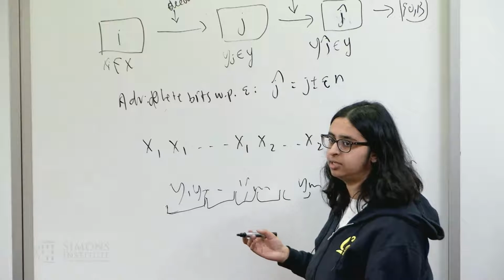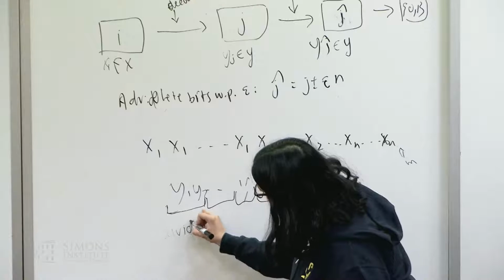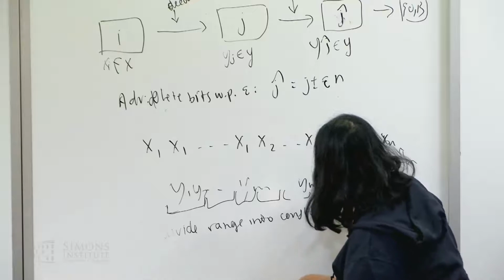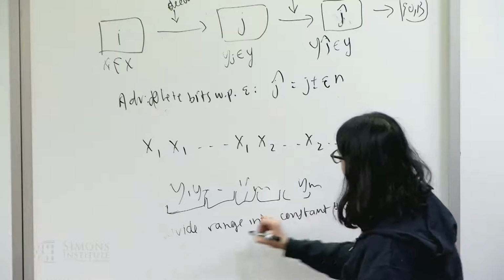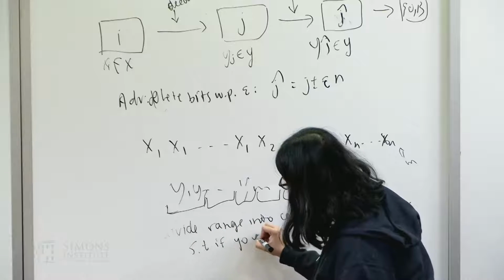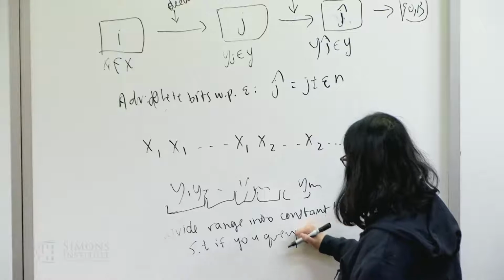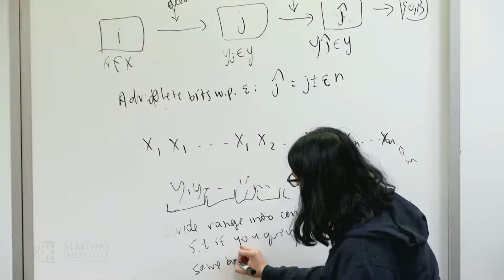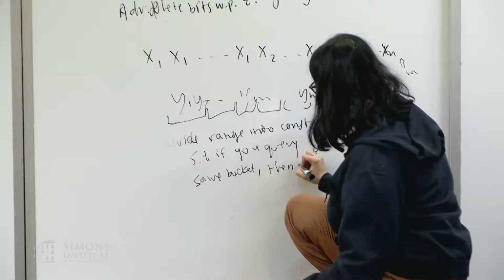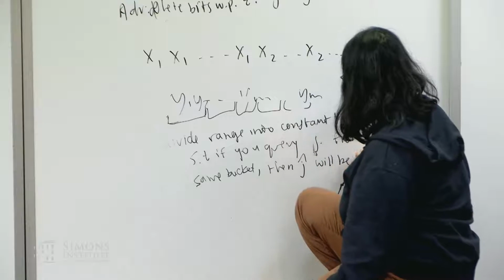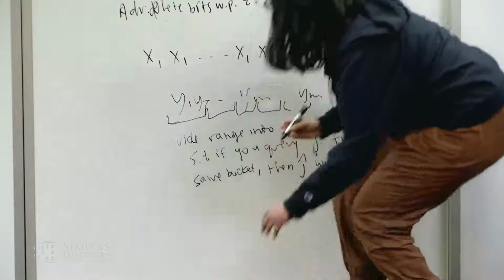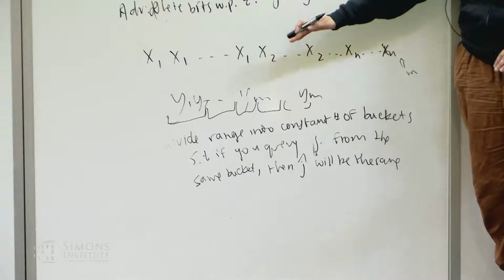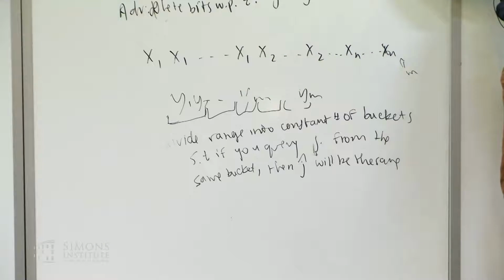So you can divide your range into a constant number of buckets, such that if you query j from the same bucket, any queries of j from the same bucket will result in approximately the same distribution of j hat.